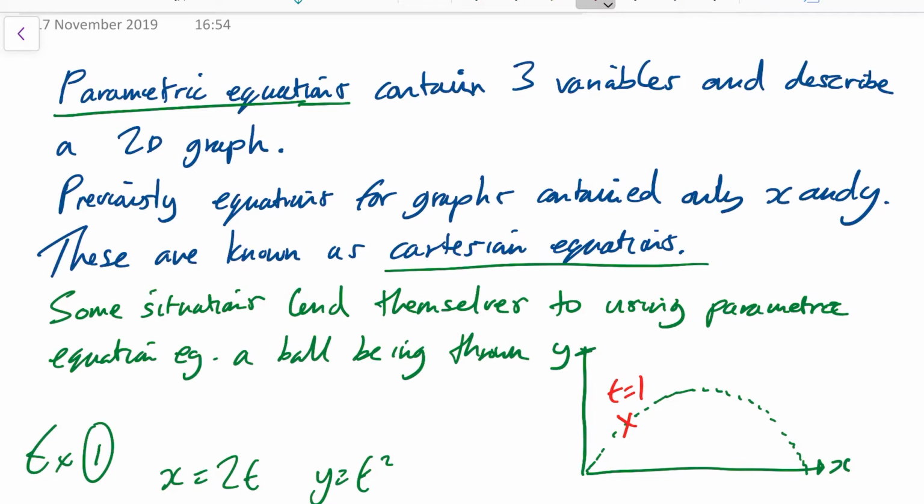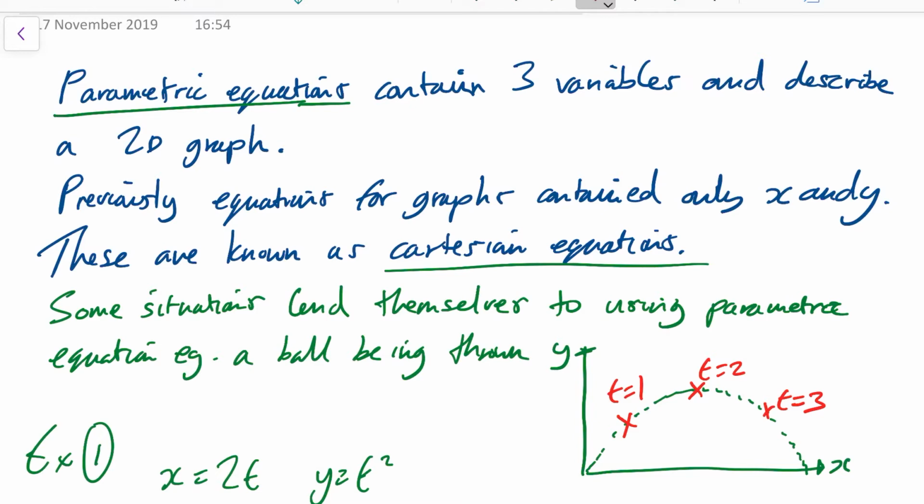So maybe it would be this far along its path after 1 second. Maybe over here it would be at 2 seconds, and over here it would be at 3 seconds. So you can see for each point, not only do we have a height, a distance across, but we also have this other parameter, maybe t, which stands for time in this kind of situation.